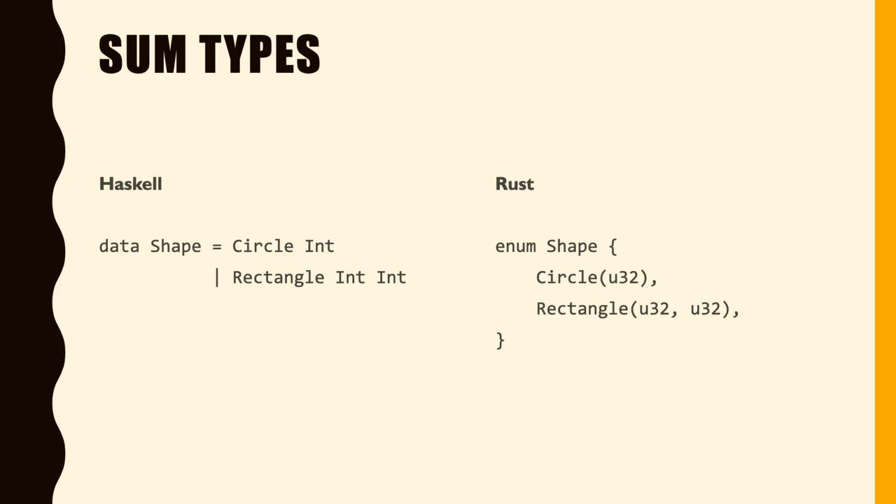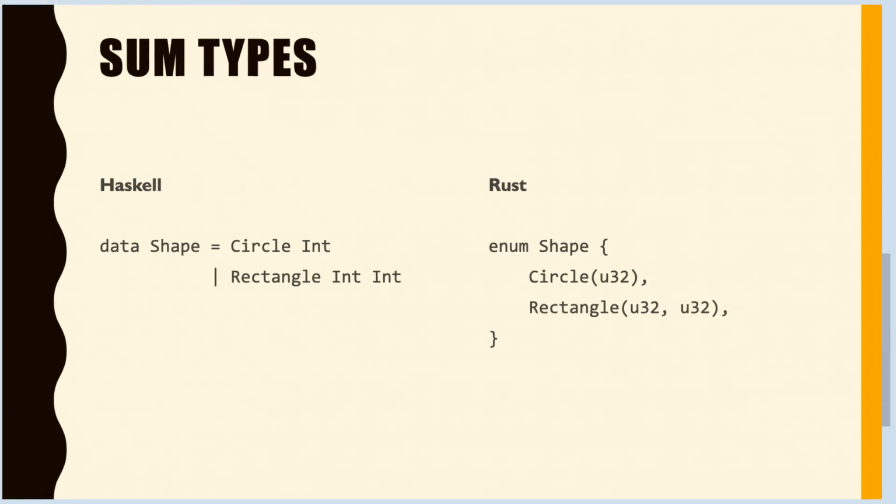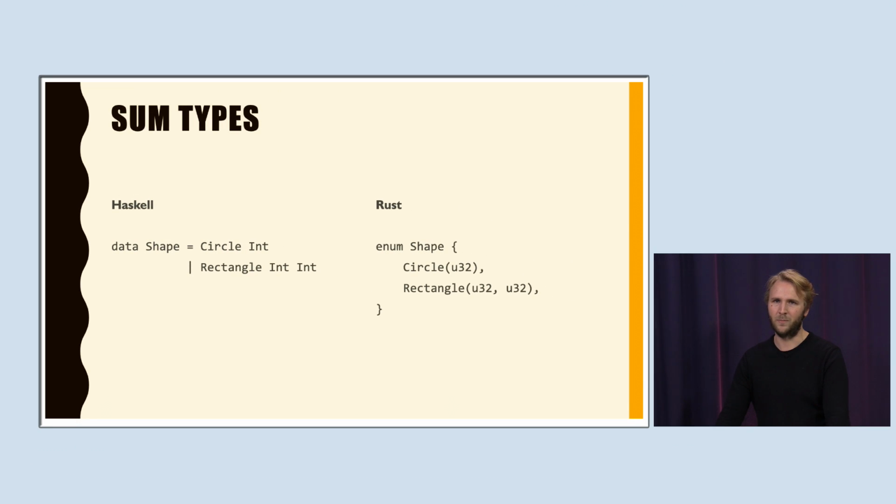Of the functional programming features that are just now entering the mainstream, the one that has got me the most excited is probably sum types. For people unfamiliar with the concept, a sum type is essentially an enum, or a tagged union, that can hold data.